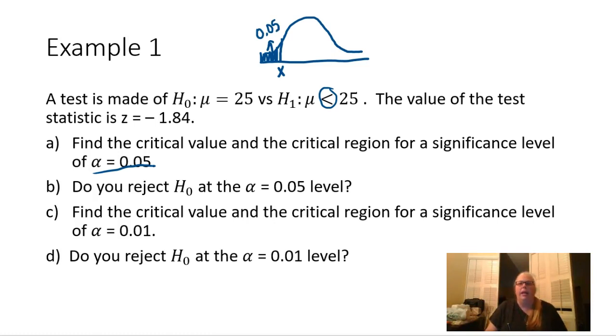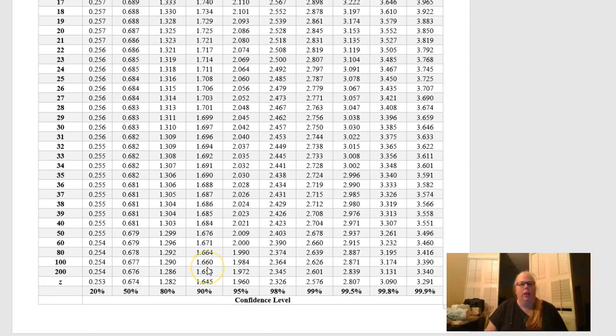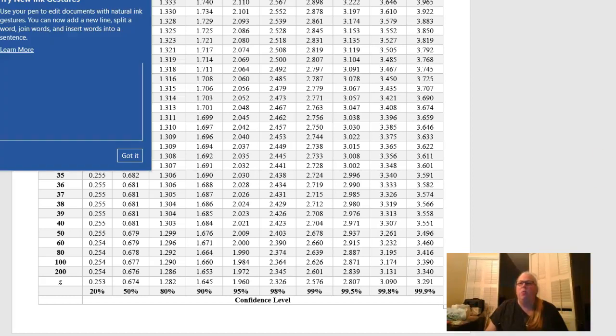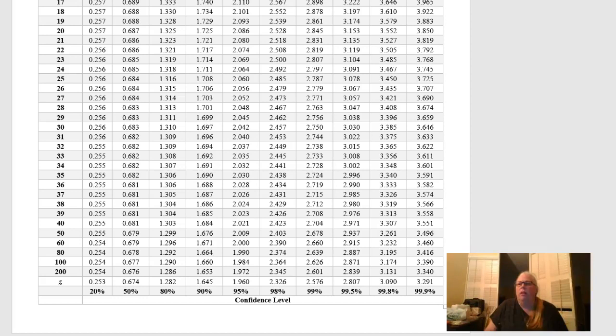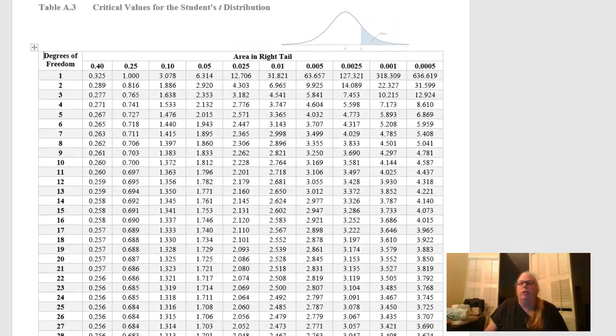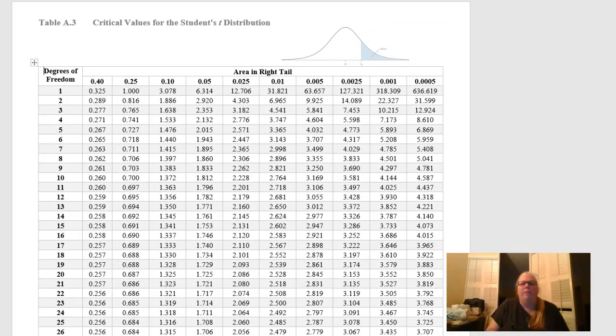Now, fortunately, I can pull that off of table A3 down on the z-line. When I'm looking down here on the z-line of table A3, I notice all I have is percents, and they gave me an alpha level of 0.05. Well, if we look higher up on the chart, we'll notice that we have the areas in the right tail here, and 0.05 is right here.